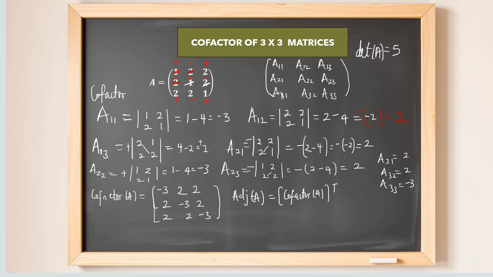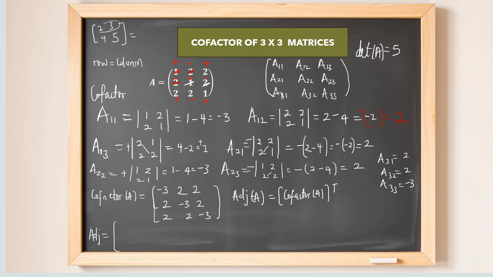So we find the transpose. Your adjoint is going to be the transpose. And what do we call a transpose? Look up here. If you have 2, 3, 4, 5, transpose means you want to change rows into columns.